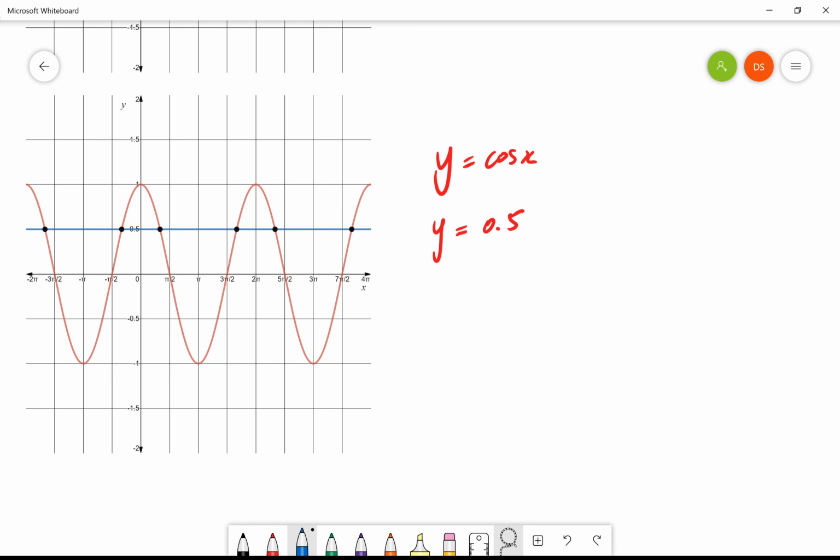Sorry, that was meant to be blue. We got cosine of x equals 0.5, and x was equal to, what was our solution? Well, cos of x is equal to 0.5. The cos inverse of 0.5 is pi on 3. So that was our first solution. So that's this one here.